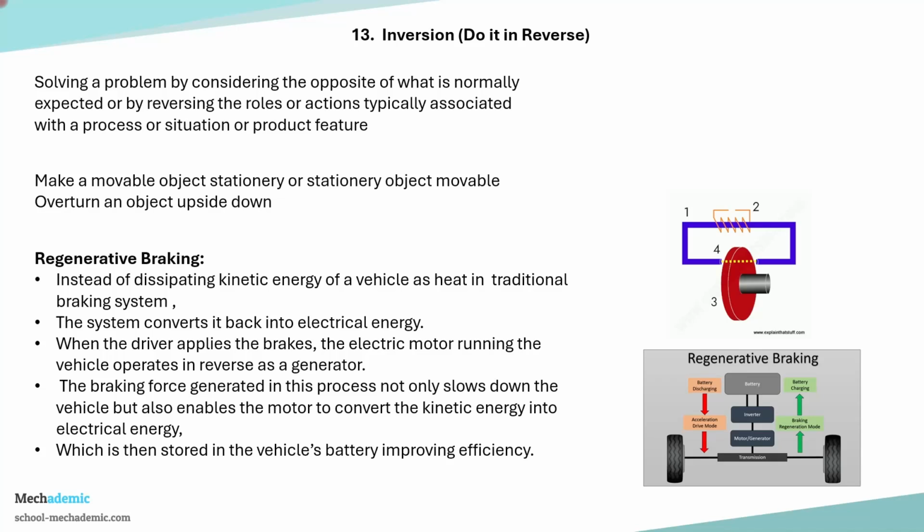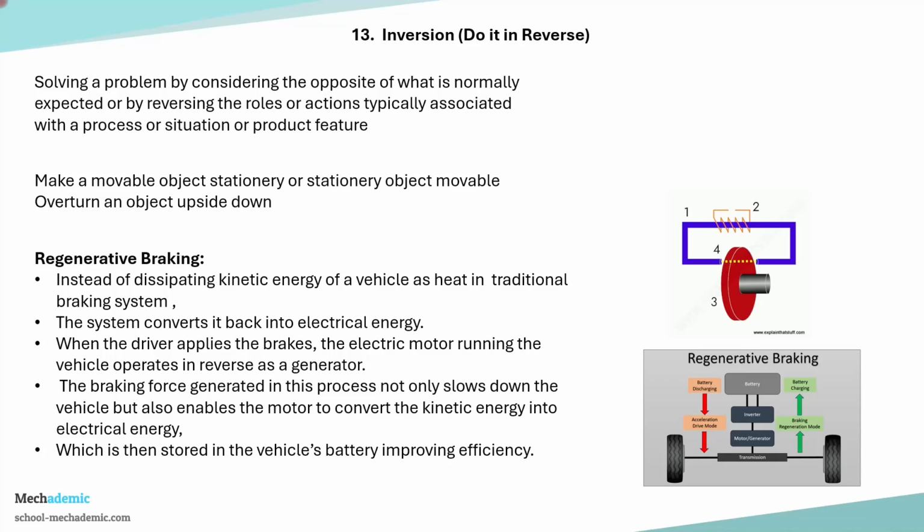So when the driver applies the brakes, the electric motor runs as a generator in reverse. The braking force will of course slow down the vehicle, but it also enables the motor to convert the kinetic energy, the mechanical energy, into electrical energy, because it is acting as a generator.